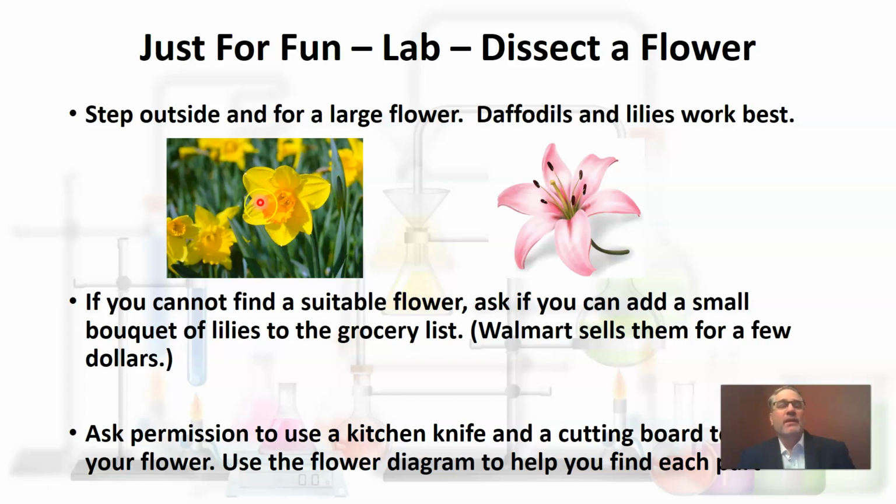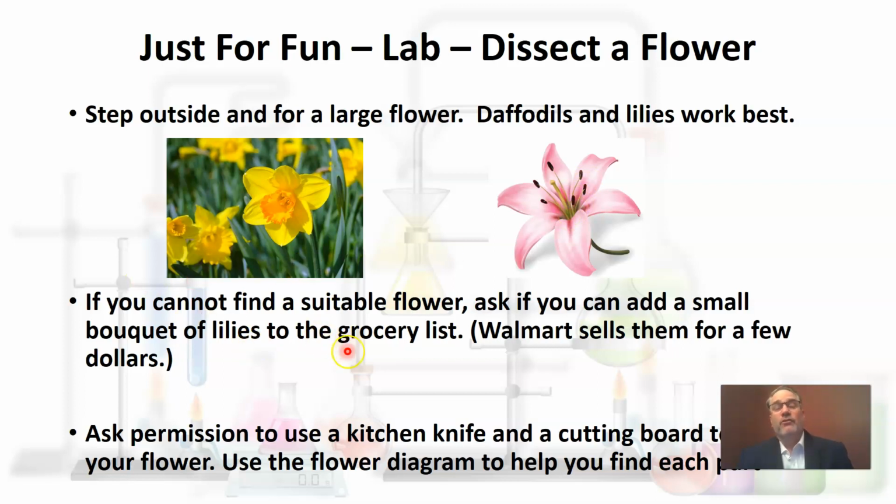If you can find something like a daffodil, some of you may be able to find some of these that are still in blossom, or something that's lily-like. One of the things I want you to look for as you're trying to decide if you have a large flower is to see if you can see the stigma and the style, and also see if you can find the anthers and the filaments.